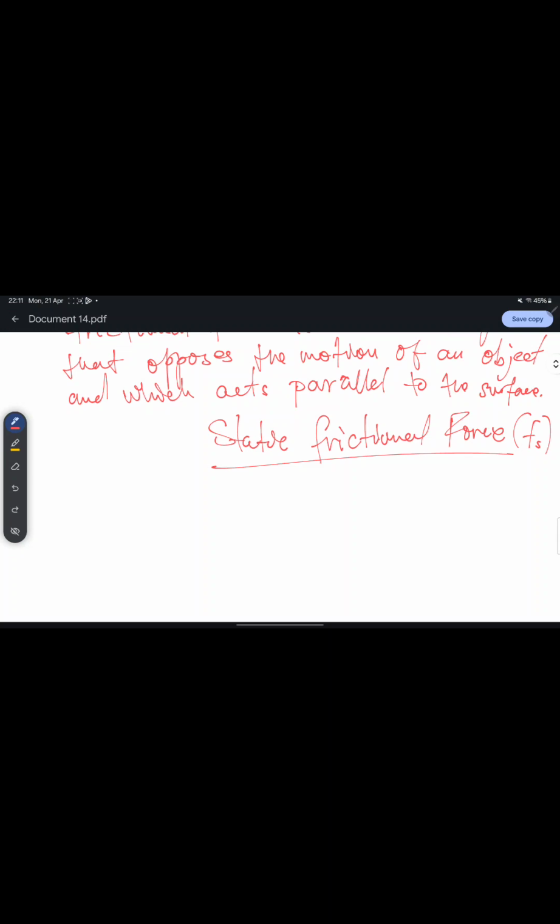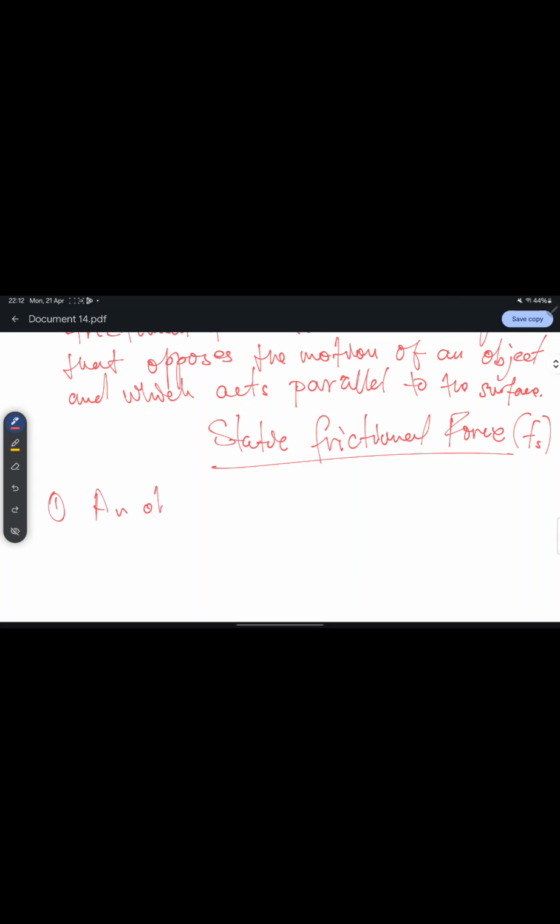An object that is not being set in motion by any forces on it by pushing or pulling experiences the static frictional force, which means the object is stationary, as opposed to in motion, like the box here. So if the object is not being set in motion by any other force, it's experiencing a static frictional force. Alright, you can write that down.